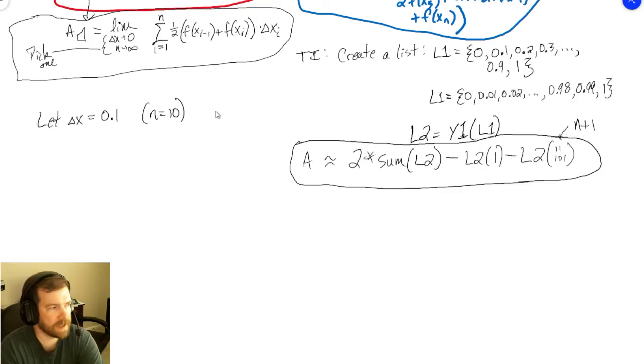So then n equals 10. There are 10 intervals over which we're working.